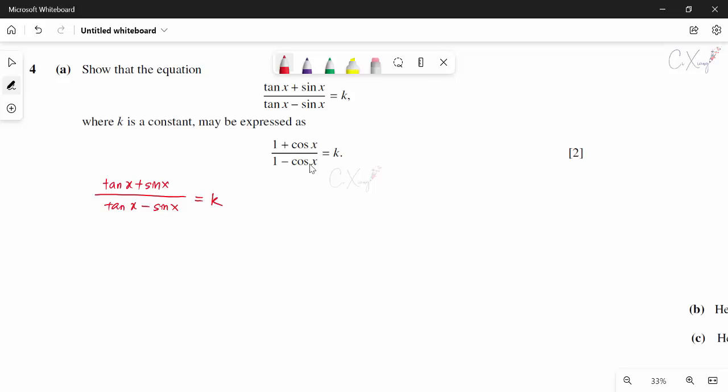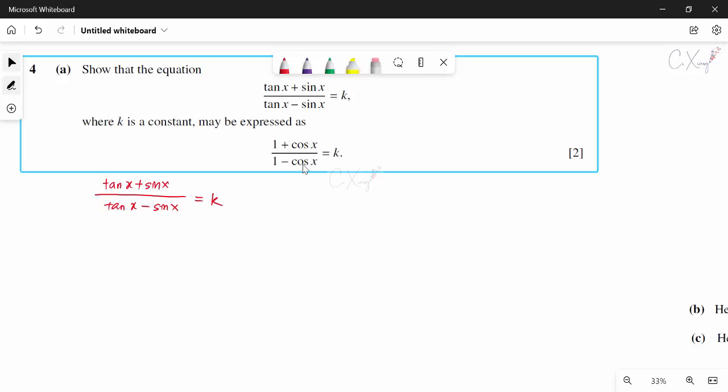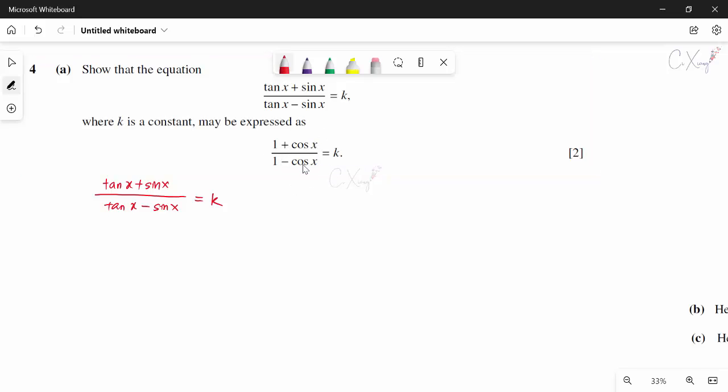All right, so because I know that when I look at the final answer here, there's no more tangent. So that means I should try to change the tangent into the sine over cos. So this is the identity for tangent, where tangent x equals to sine over cos.